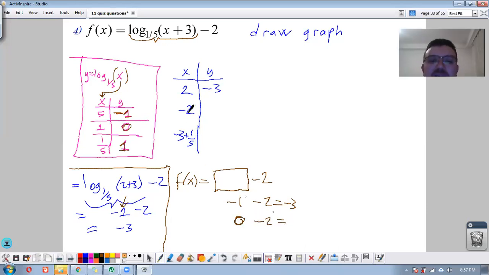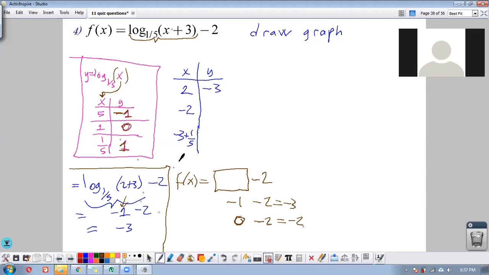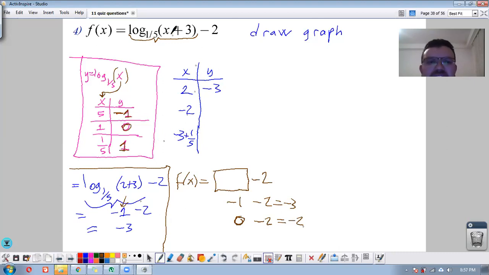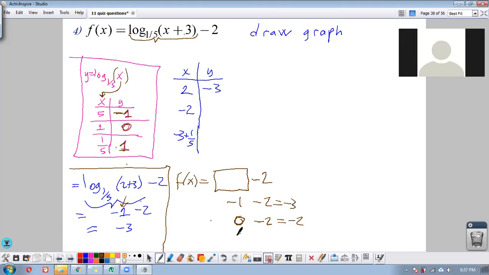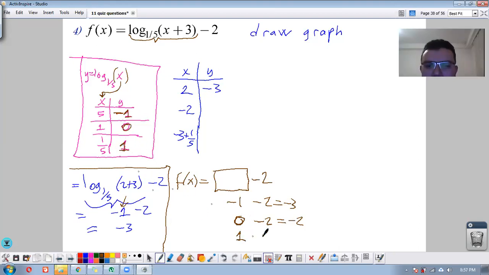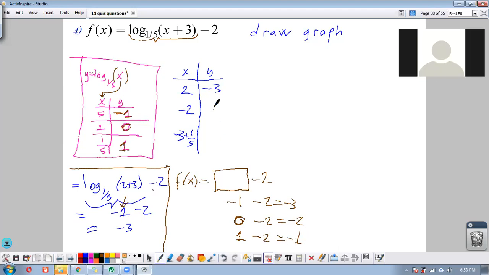Minus 2 is for x. It's not the result. The result comes from the basic part. 0 minus 2 makes minus 2. And when you put this last number over there, the result of the logarithmic place is 1. Then we have minus 2 more of it, which is minus 1.